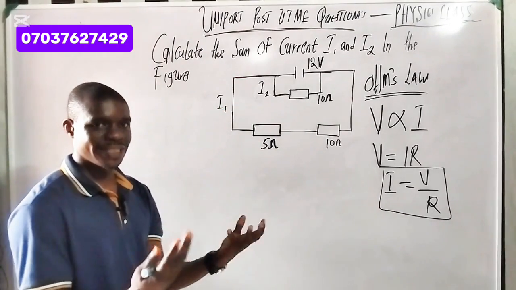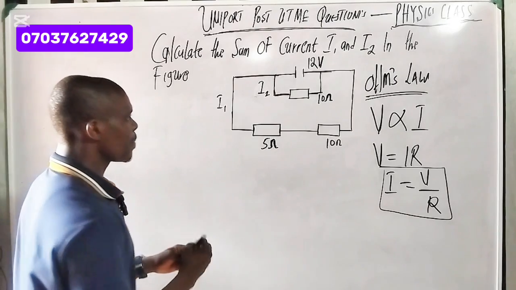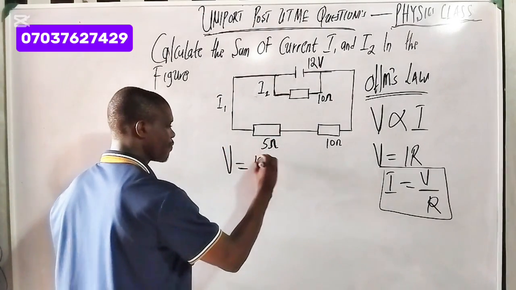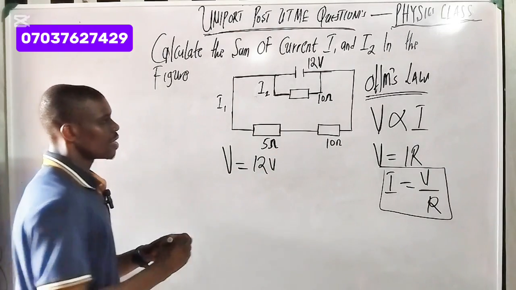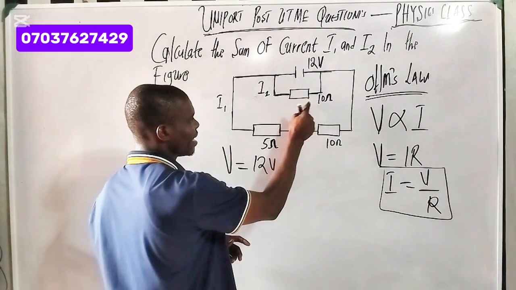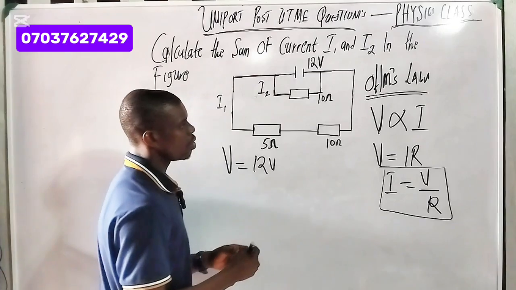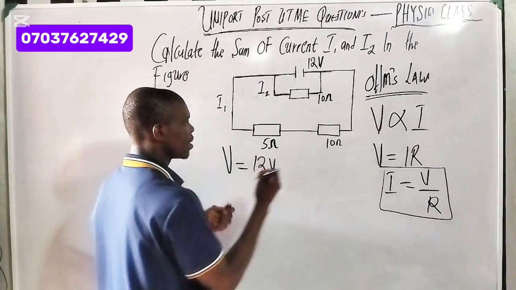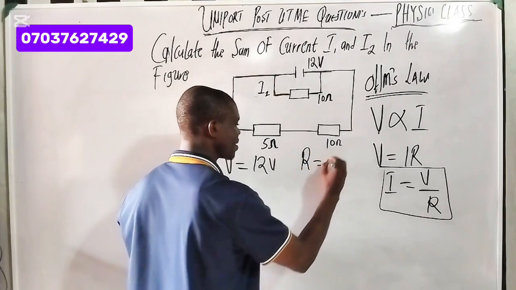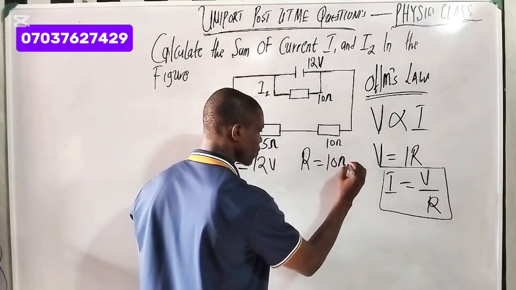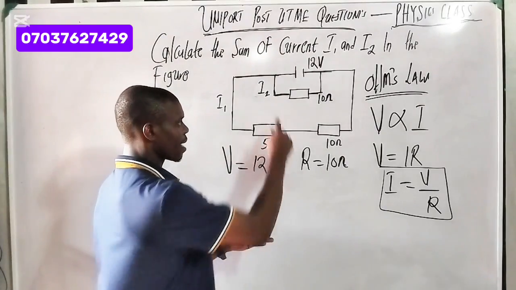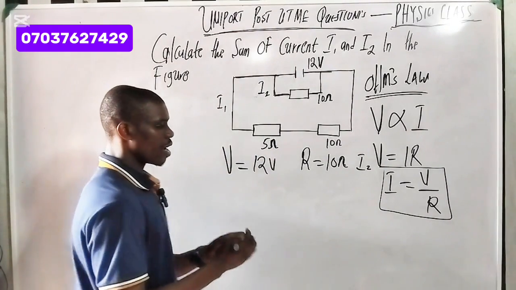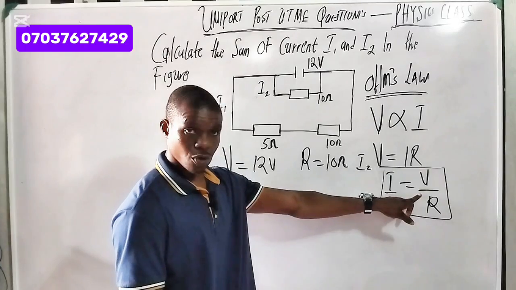I think I2 is very easy to solve, because my voltage V is 12 volts, and this branch has a resistor R of 10 ohms. There is only one resistor here, so I can get my I2 by applying this formula.